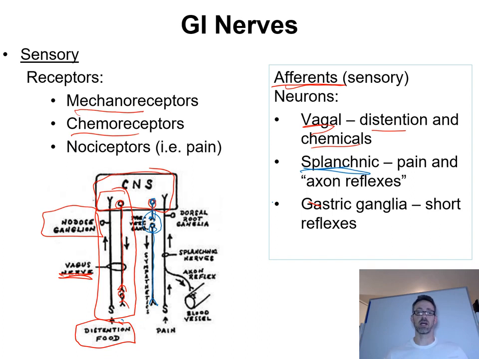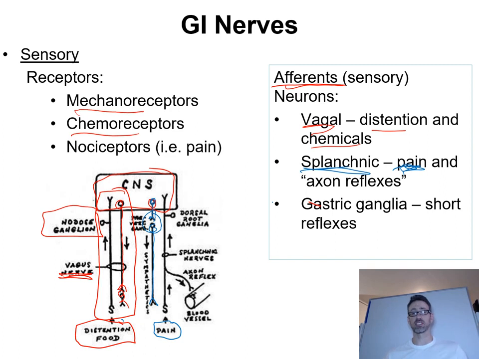They carry pain as well as some distension and chemical as well, but they are the ones that carry pain. There's only underlying pain here because the vagus nerve does not carry pain. Okay, just distension and chemical. The splanchnic nerves can carry pain, and so you see that down here. So here's pain, all right, and it carries that back to the spinal cord.